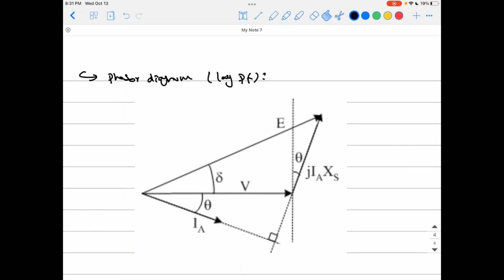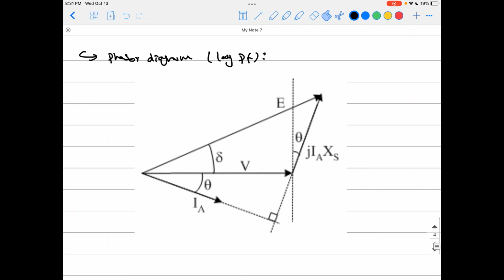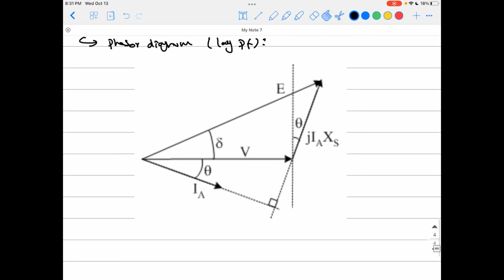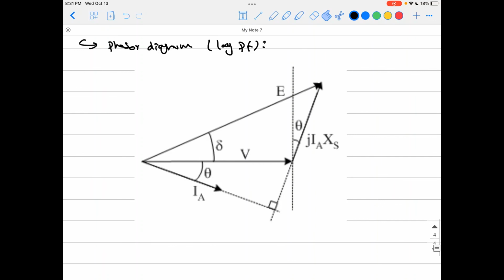So I'm having here the phasor diagram for the lagging power factor case. Let's play with this using the math of triangles. From here, this is the angle theta, and by the laws of triangles, this will also be theta.